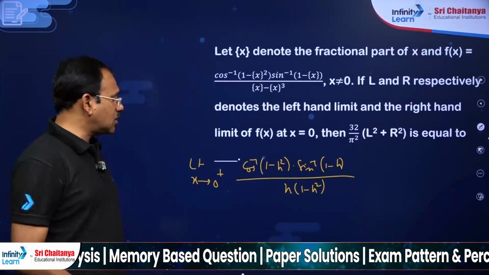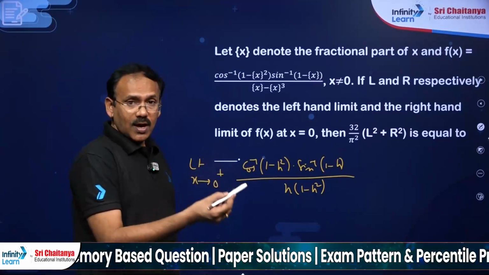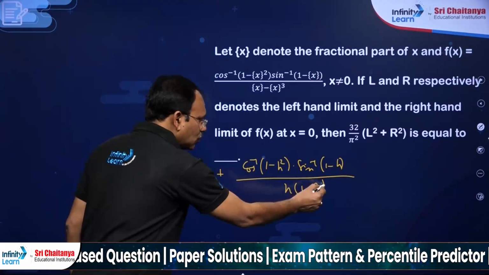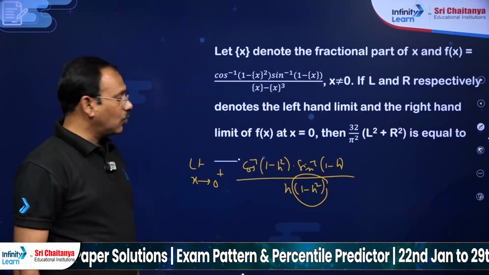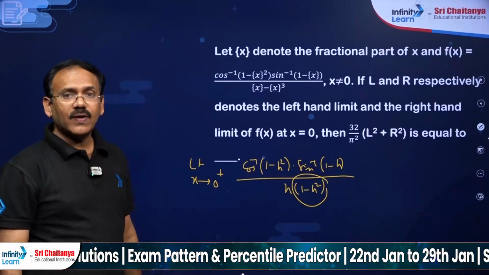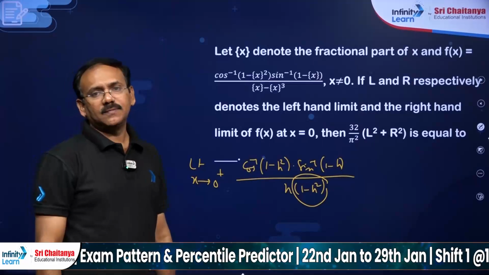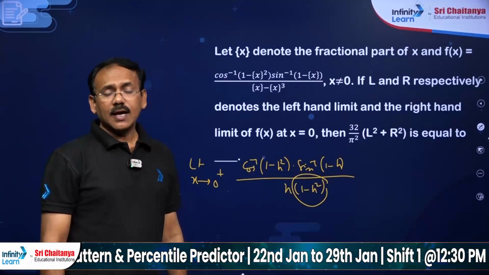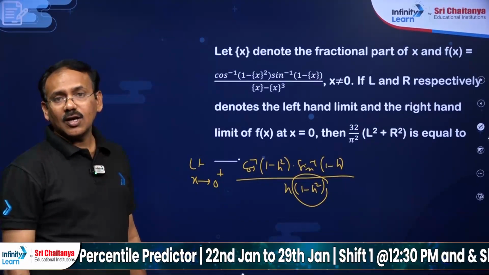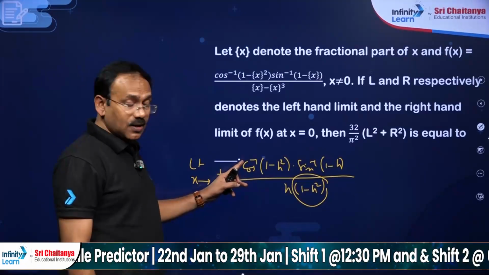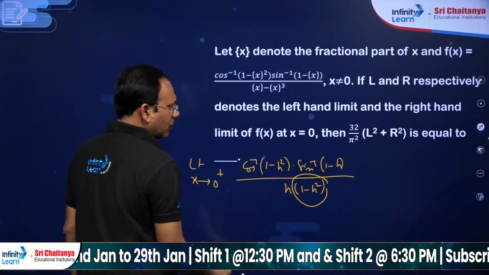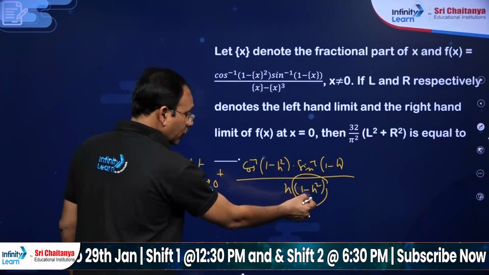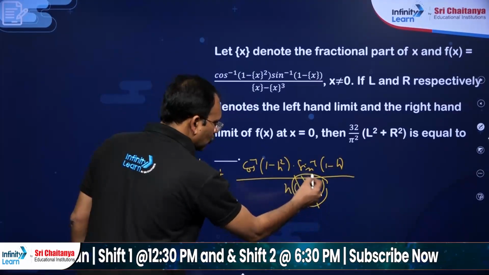Interestingly, as h tends to 0, h square is 0, this goes to 1, and 1 minus h square will go to 1. Cos inverse 1, cos 90 is 0 and cos 0 is 1, so you can say cos inverse 1 is 0, my dear friends. This is going to 0, this is going to 0, this is going to 1. So you can take out this part, no problem.